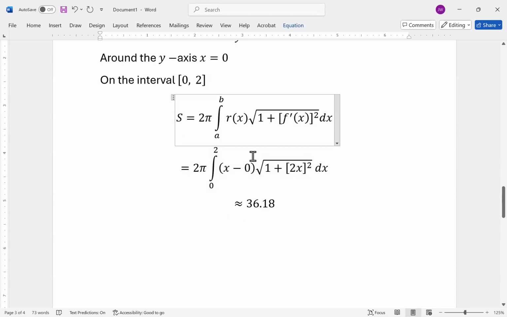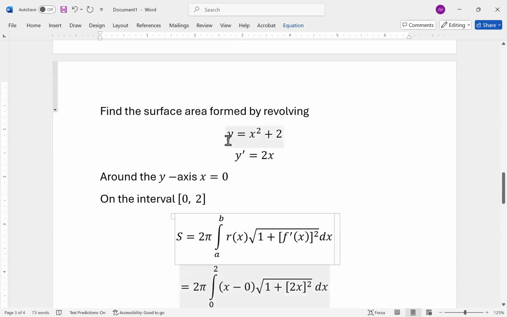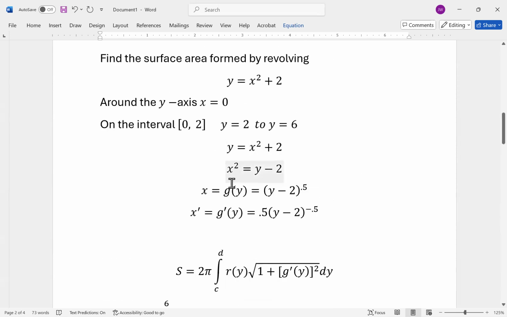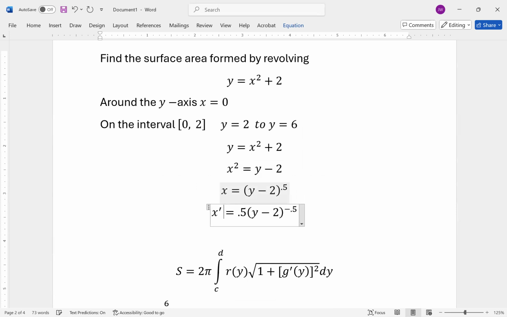What made this so much easier is that the derivative and the function itself were really easy to deal with in y equals a function of x form. They were much harder to deal with if I have x is equal to a function of y form. That was a lot more difficult to deal with.